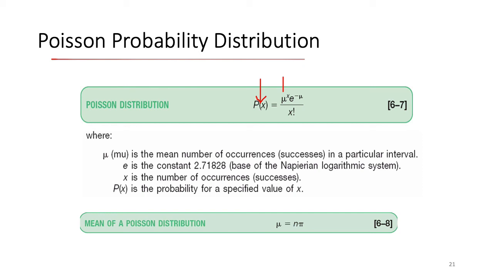Then you multiply that by e to the negative mu, and e is basically 2.71828, which is the base of the natural logarithm. And then you divide that by x factorial. The mean of the Poisson distribution is simply n times pi, which is exactly the same as all of the mean calculations for discrete probability distributions.